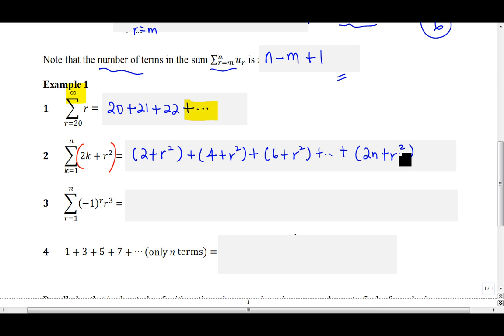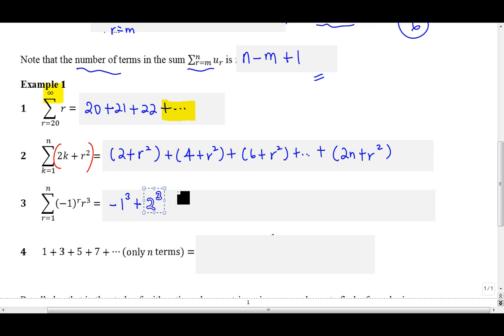The interesting bit about this example 3 is if I sub r equals 1, minus 1 cube. Correct? Because minus 1 to the power of 1 is minus. If I sub r equals 2 into this, I get minus 1 square, which is actually 1. So actually I get plus 2 cube. Alright?